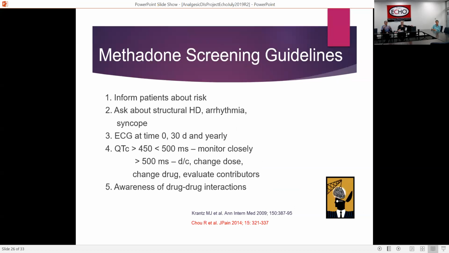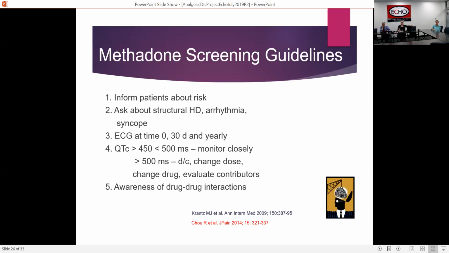So obviously you have to decide and risk stratify the patient. Are they a candidate? Really for whatever reason, but you have to discuss or know, does the person have structural heart disease? Do they have a history of arrhythmia? Do they have a history of syncope? Some would suggest prior to methadone, you get a baseline EKG and then a month hence and then yearly.